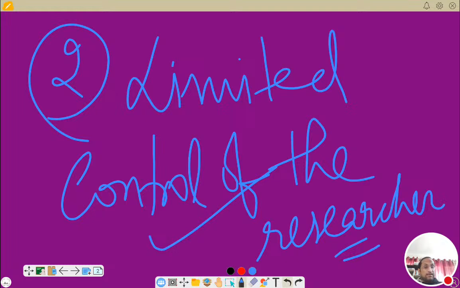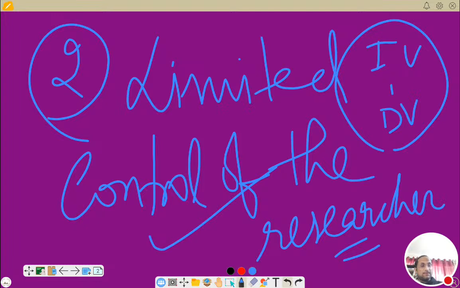But if you cannot even control the external variable, will that affect the reliability of the research? The answer is yes, because you don't know whether we have an IV-DV kind of situation or not, an independent variable being manipulated resulting in a dependent variable. Can we have a cause and effect objective relationship? Can we generalize it further? The answer is no, because we cannot control the external variable and variance. That is the biggest demerit.